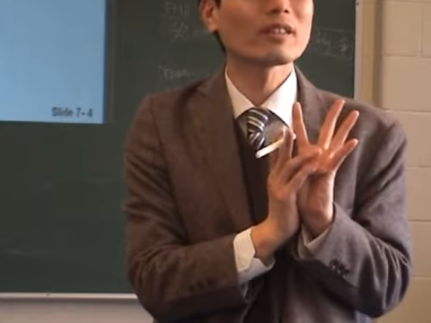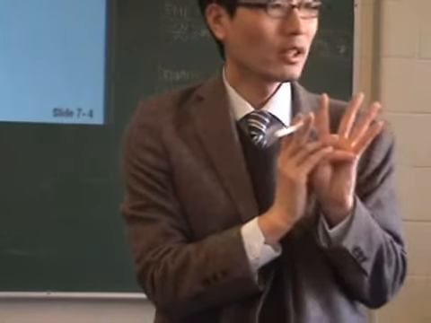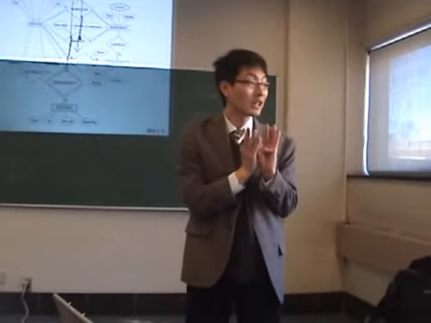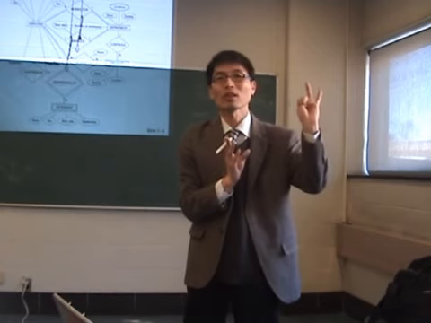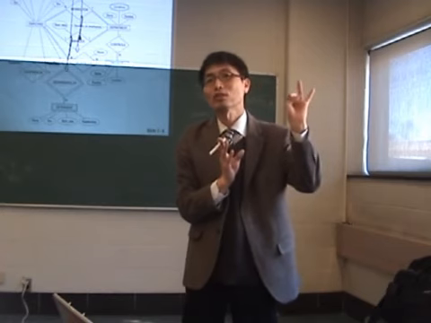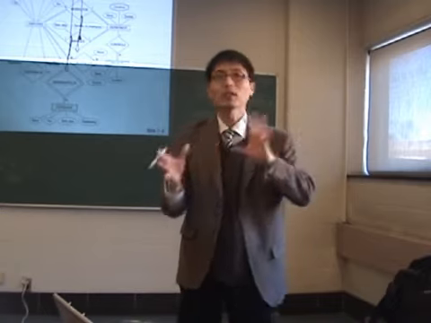What is cardinality ratio? One to many, many to many, one to one. Actually, you learned the same thing in elementary or junior high school math, in set theory, right? One to one, one to many, many to many.